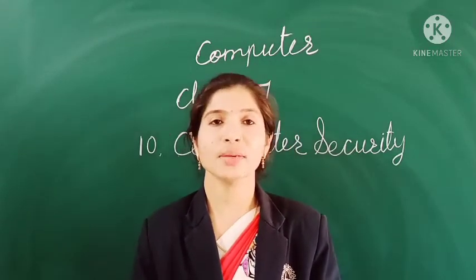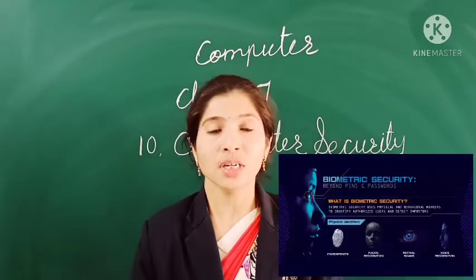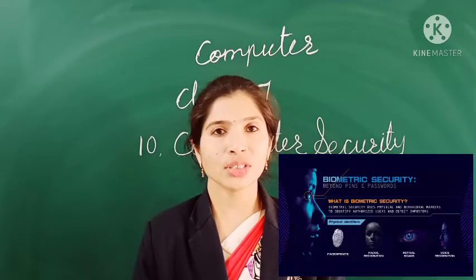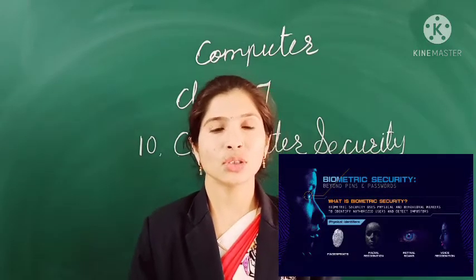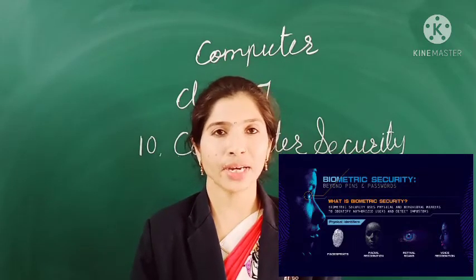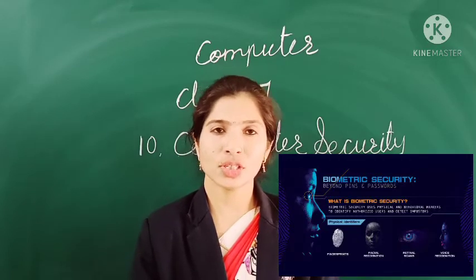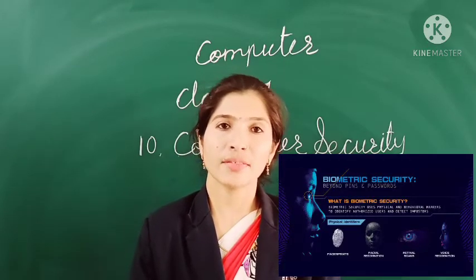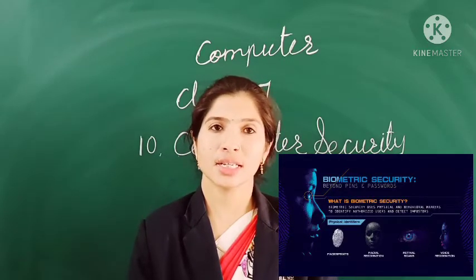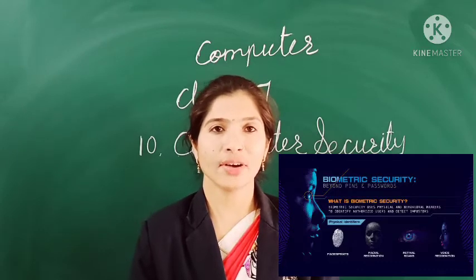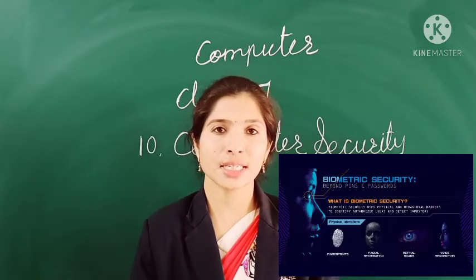Now, we are going to see biometric authentication. Biometric authentication refers to the process of identifying individuals by using their physiological and behavioral characteristics in more advanced and critical systems.